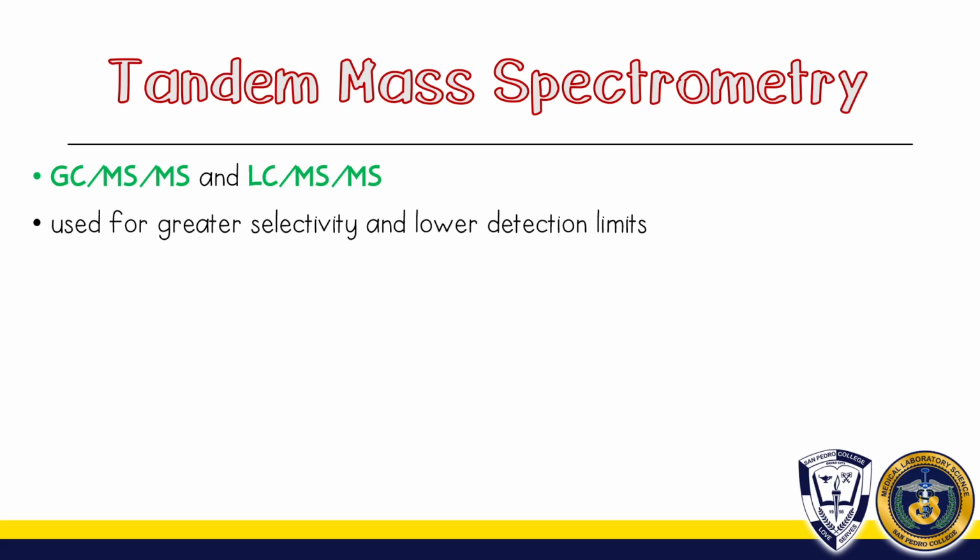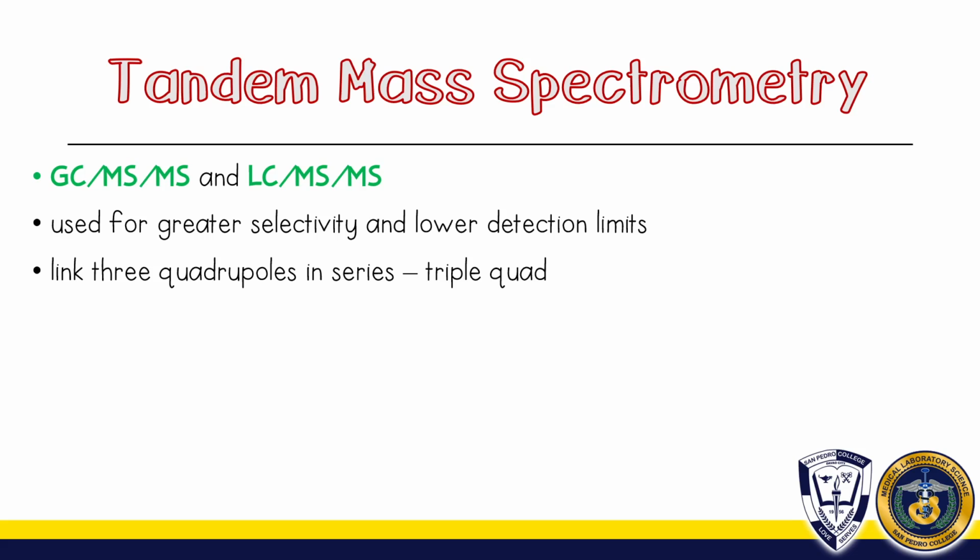Even at a very low level, maybe just 1 molecule of analyte, it can detect it. So, here in your tandem mass spectrometry, we link 3 quadrupoles in a series, now called your triple quad.